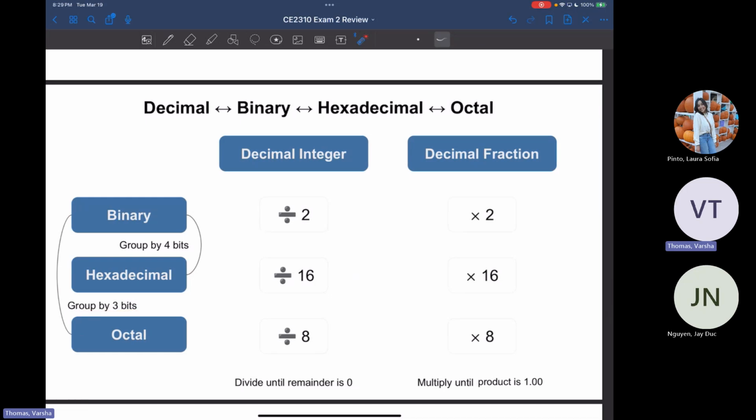And when you're converting from decimal values to binary or hex or octal, you divide by 2, by 16, or by 8, and you keep dividing until your remainder is 0. In the case where you're converting a fraction, something like 0.625, to binary, hex, or octal, you're going to keep multiplying it until the product is 1. We're going to have an example of it 2 slides after, actually.